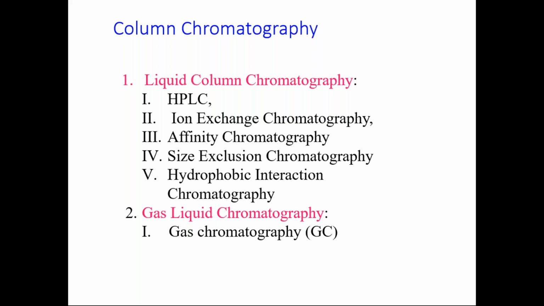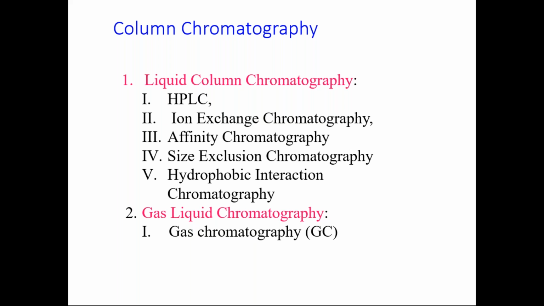And then we have gas liquid chromatography, where the mobile phase is a gas, which is generally helium or argon, an inert gas. You must remember that in chromatography, the mobile phase and the stationary phase have to be inert to each other.